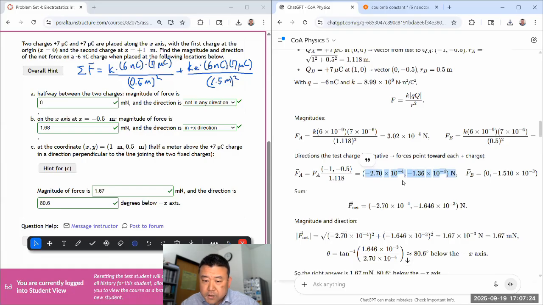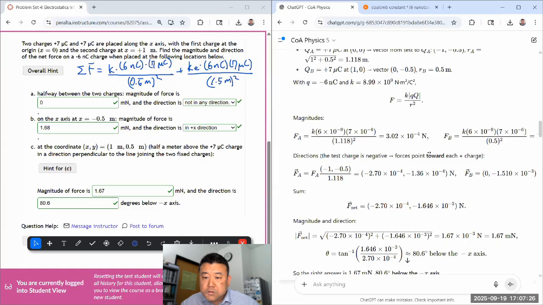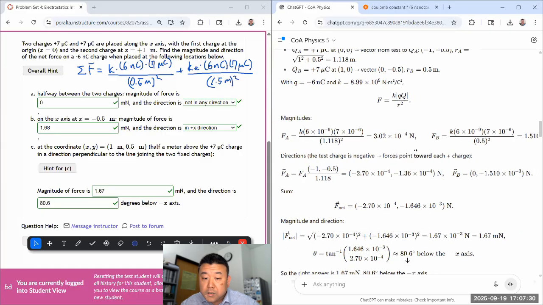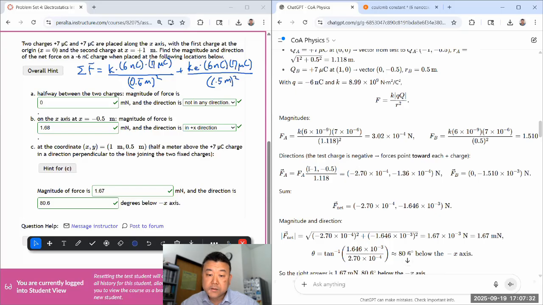And how did they break into components? Did they use the angle or directions? Maybe I should ask it about it. Yeah, let me ask it about it, because let me actually do that, not rush through.